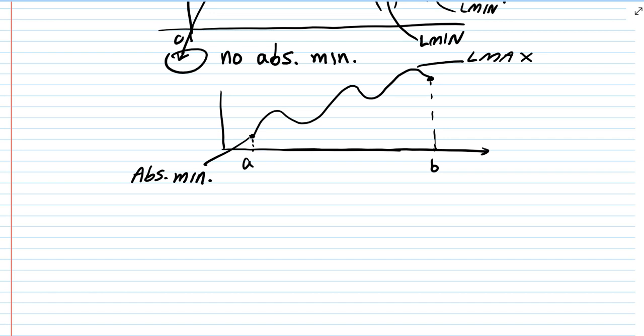So this is what I was going to say. Notice this is a local minimum in that interval, and here's a local max in that interval. So the local minimum in some part is actually greater than the local max elsewhere. So these local extrema could be whatever; we cannot compare them to each other.